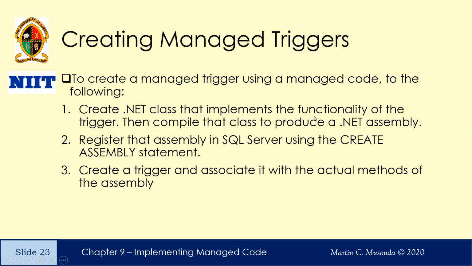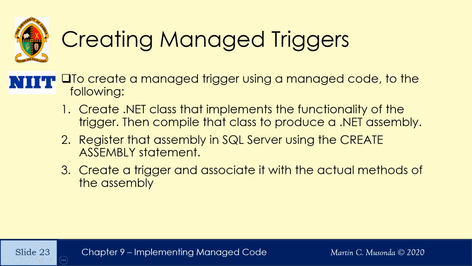Triggers, it's the same again. Create a .NET class that implements the functionality of the trigger that you want. Then compile that class to produce a .NET assembly. Number 2, register that assembly in SQL Server using the create assembly statement. Third, create a trigger and associate it with the actual methods of the assembly.